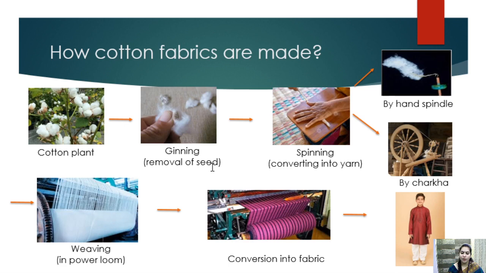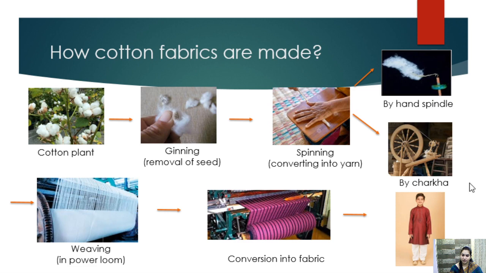So when these fibers are converted into yarn, the process is called spinning. क्या बोलते हैं process को? Spinning. Now this process can either be done by hand, or we can use certain instruments to do it. What are the instruments? We can either use a hand spindle or we can use a charkha.